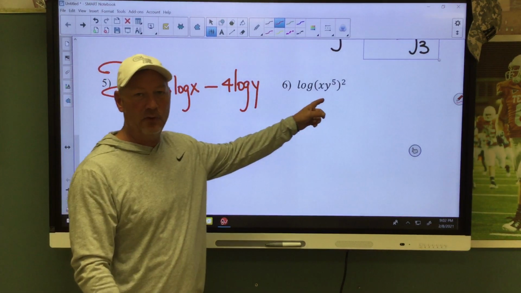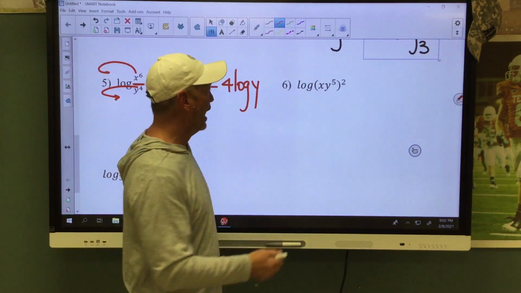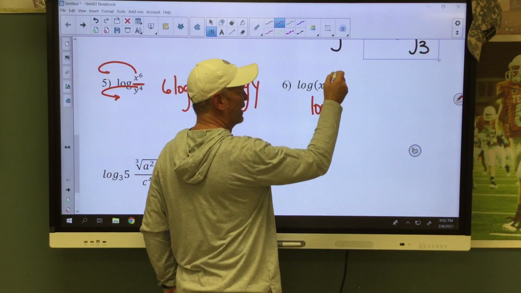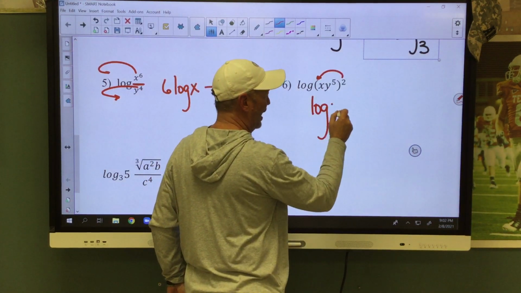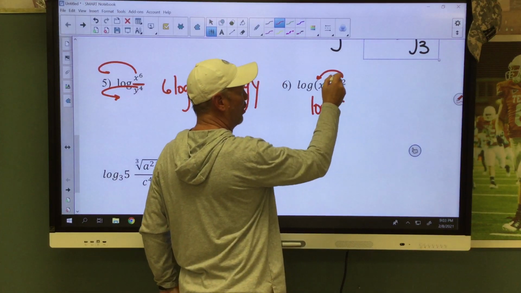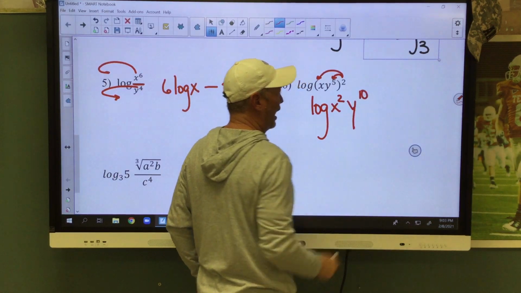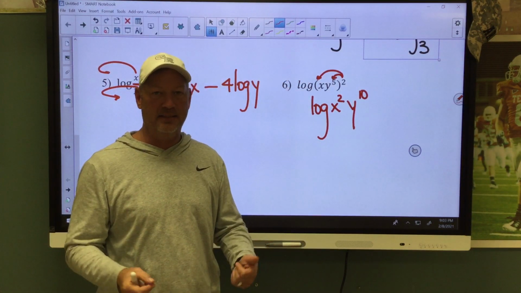Over here, if I gave you a situation like this, I would like for you to use your exponent rules first. I would like for you to go log. In this case, I need you to say that 2 goes to the x. That's going to be x squared. That 2 also goes to the 5. That goes y to the 10th. I would ask for you to do your exponent rules real quick, and then expand.